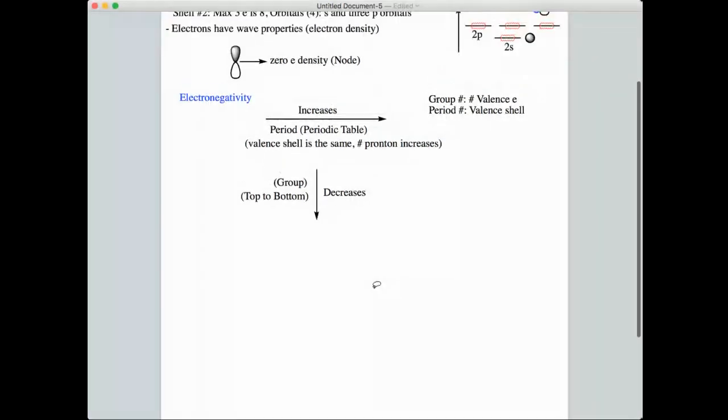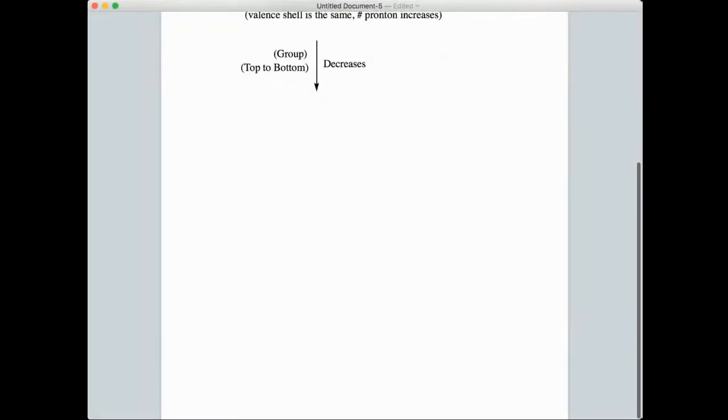And so with this in mind, we also discussed in the previous class something called Lewis structures, right? So how do we draw Lewis structures of atoms?